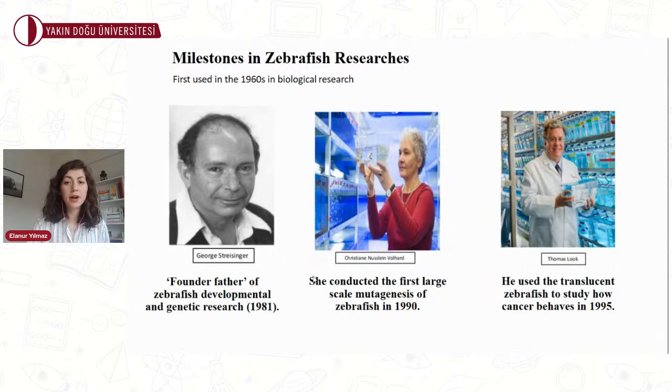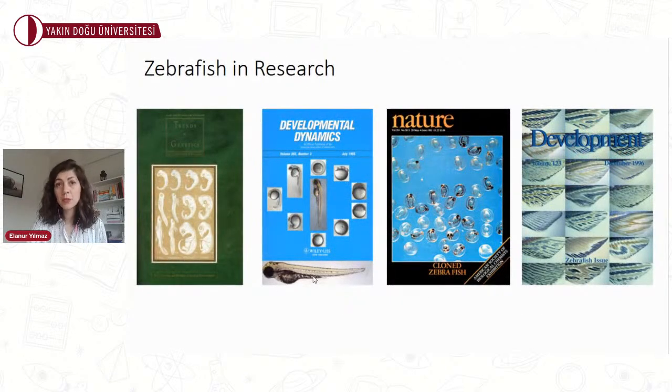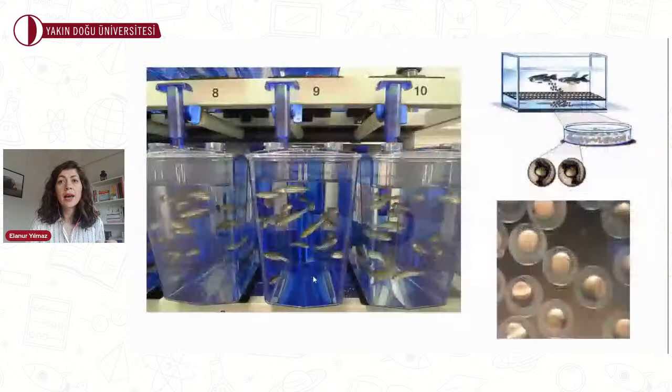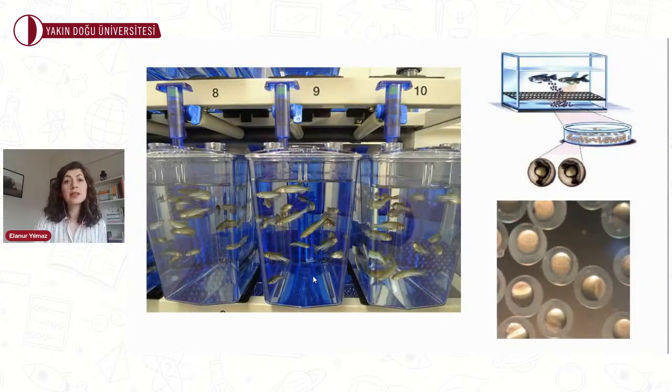In 1995, Thomas Look took advantage of small, transparent zebrafish embryos and larvae to observe the growth of tumors and to see whether they shrink in response to experimental treatments for cancer. All these and similar highly important milestones not only caught the attention of researchers, but also of journals and their cover pages.